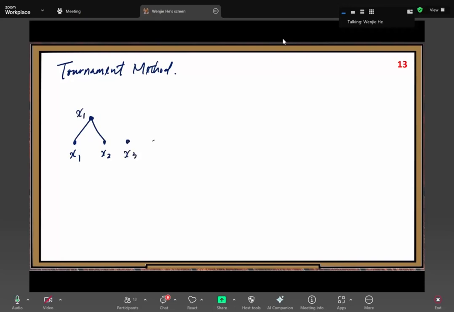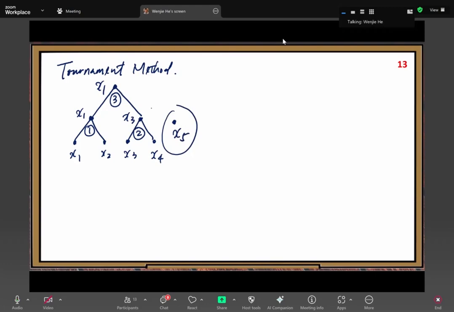X3, X4, second comparison, comparison number 1, comparison number 2, and we assume X3 is the winner. Then another round, comparison number 3, and we assume X1 is the winner. And in this round, we do not touch X5.